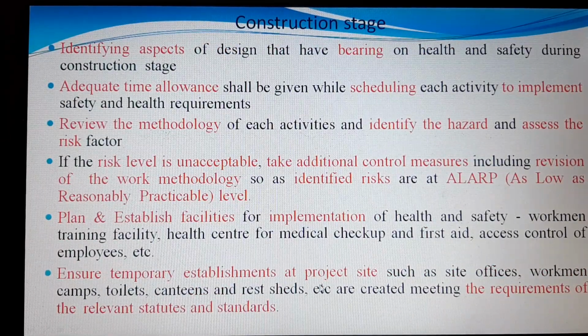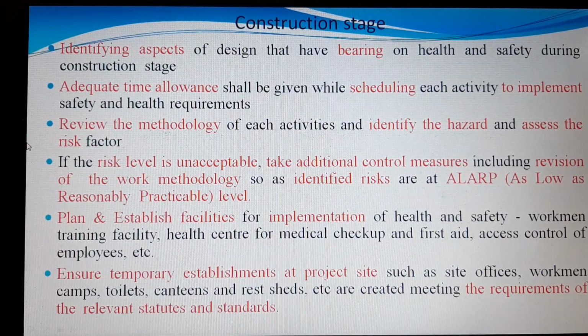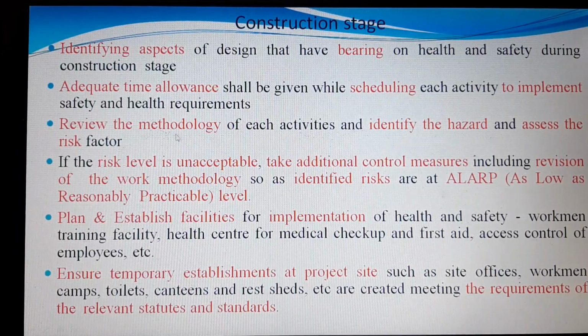In the construction stage, we should identify the aspects of design, and understand what all comes under health and safety in the construction stage. We should have proper time allowance for scheduling each activity and to implement the health and safety requirements in all the activities we are going to do.